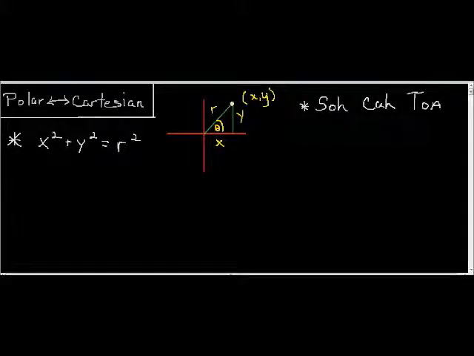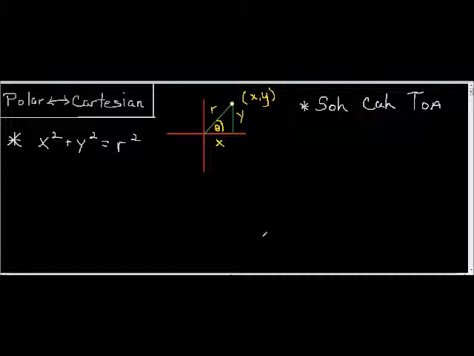Okay, if you ever wanted to go from polar coordinates to Cartesian coordinates, this lesson is just basically an intuition to kind of get you started where you don't need to memorize anything. You really only need to use your two basic concepts, one being your Pythagorean theorem, which is your x squared plus y squared equals r squared in our case.